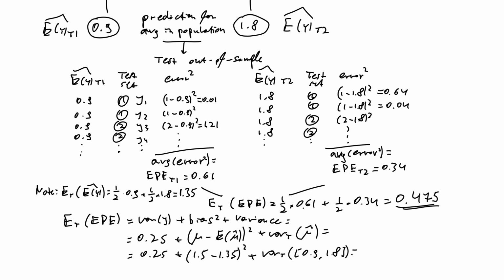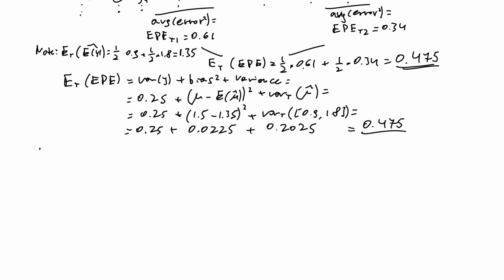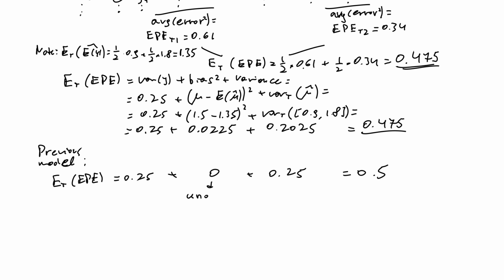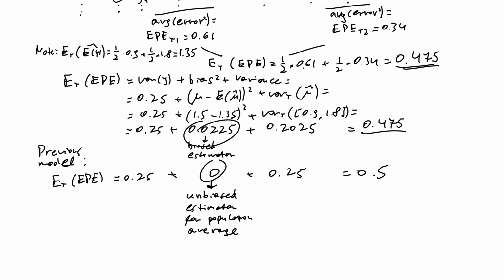So the estimator is biased, and the bias squared is 0.0225. But the variance is smaller, because the difference between the 1 and 2 predictions is bigger than the difference between 0.9 and 1.8. So the variance of the prediction is smaller. Bias increases, variance decreases. As an end result, the expected prediction error decreases.